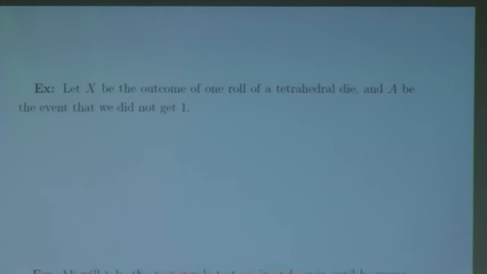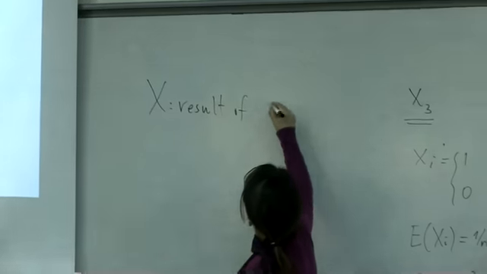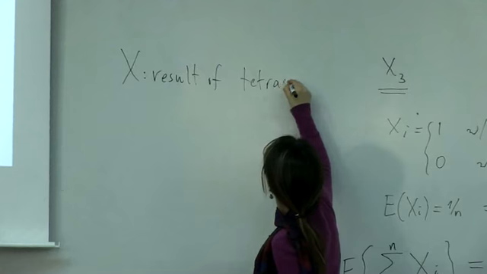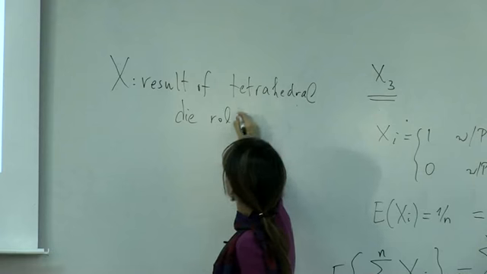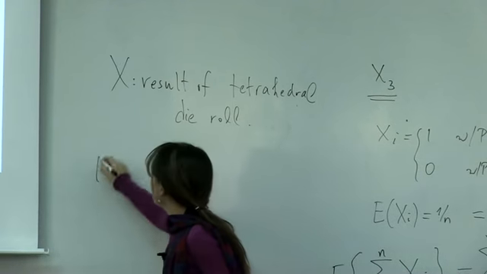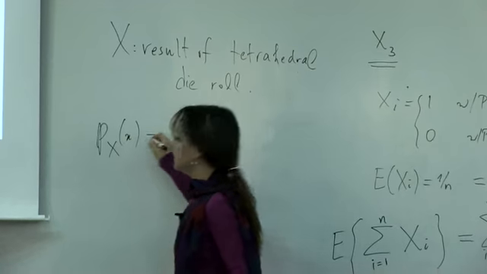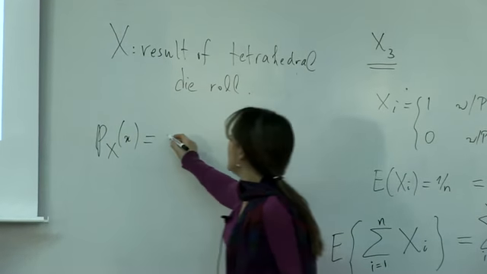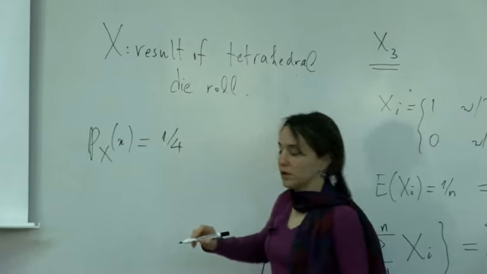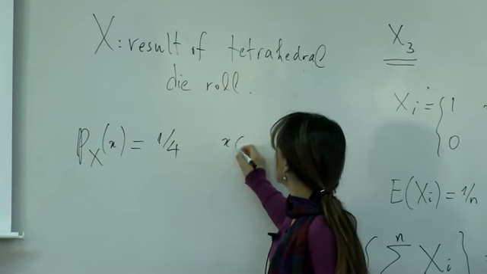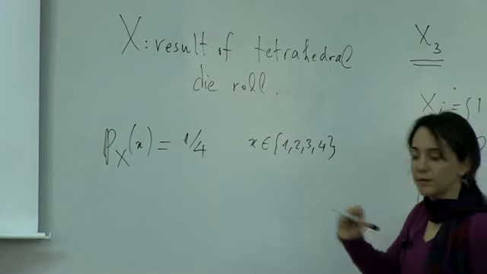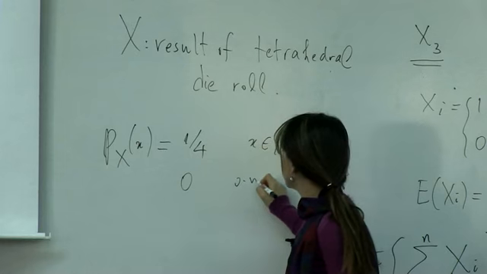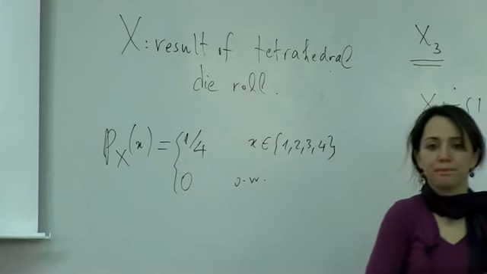So P_X(x) is equal to 1 over 4 when x is 1, 2, 3, or 4, and 0 otherwise. Any problem? No.